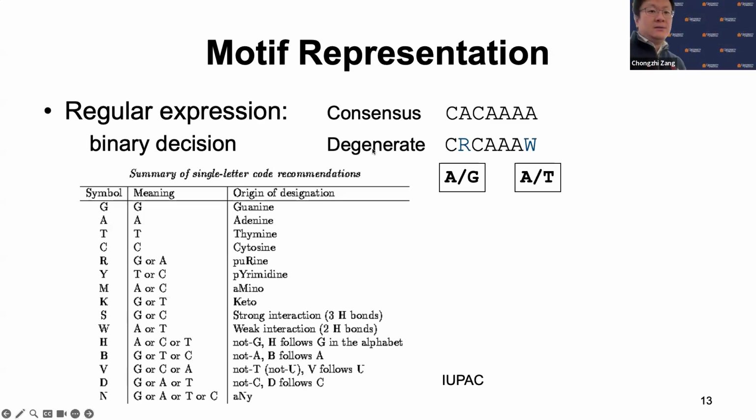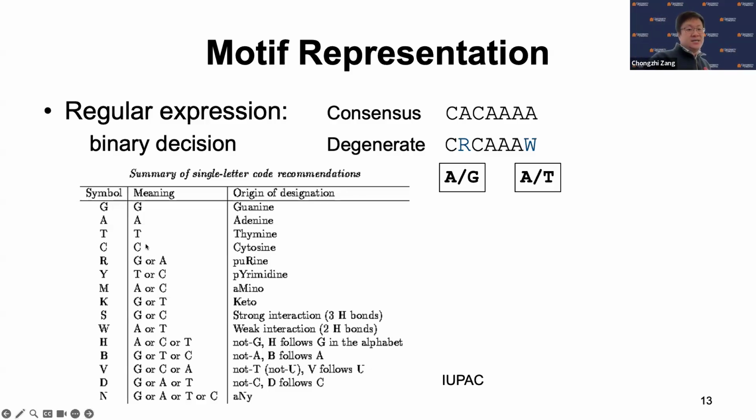So then from a pure consensus sequence, we can allow for some small differences, small mutations. So people come up with this table of how to represent the sequence with some level of degeneracy.